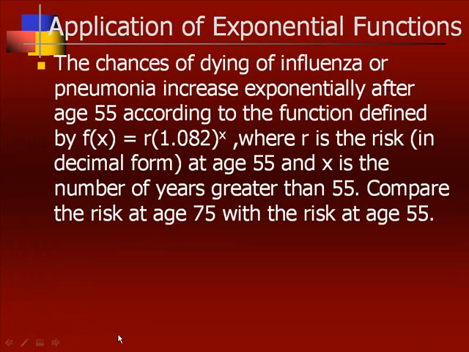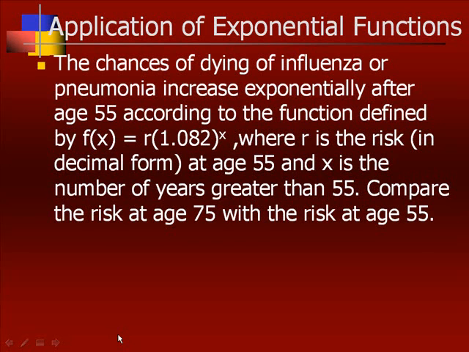Another application of exponential functions: the chances of dying of influenza or pneumonia increase exponentially after age 55 according to the function defined by f of x equals r times 1.082 to the x power, where r is the risk in decimal form at age 55 and x is the number of years greater than 55.